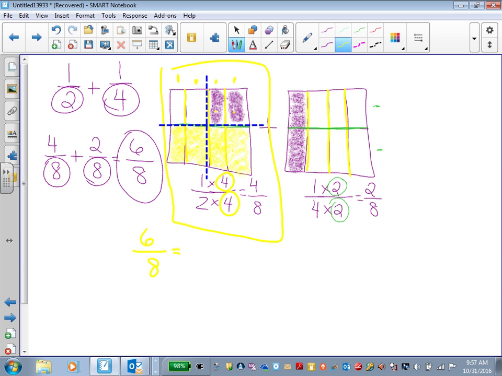So I see 3 sections out of how many sections? 4. So then 6/8 is also equal to 3/4. What did I divide 6 and 8 by to get 3/4? 6 divided by 2 and 8 divided by 2.